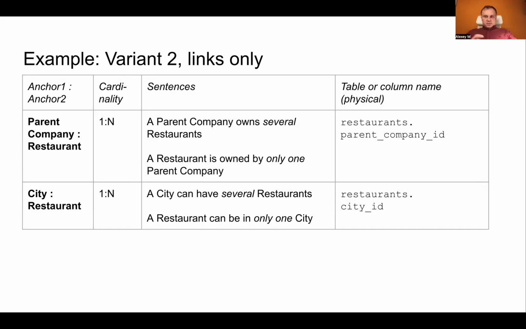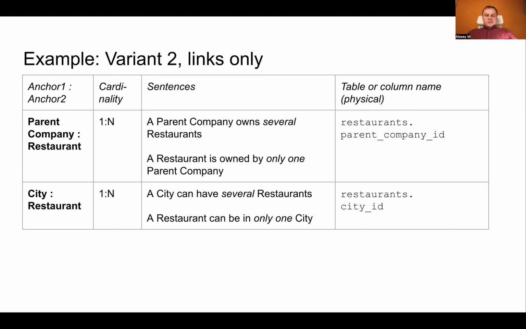This is the table of links. So you have the first column, you have two so-called anchors, also sometimes known as entities. You have a link between parent company and the restaurant, and you also have a link between city and the restaurant. We recorded the cardinality here, both are one-to-n, one-to-many.